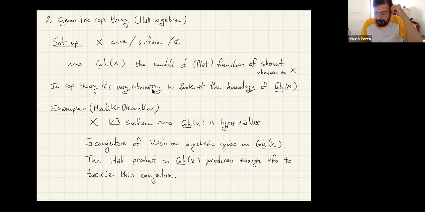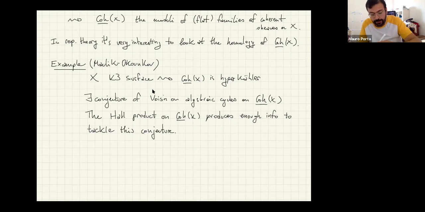Okay, so the idea is that this Hall product produces some very big infinite dimensional Lie algebra that acts in a geometric way on this thing, and therefore it acts on both algebraic cycles and cohomology classes in an equivariant way.